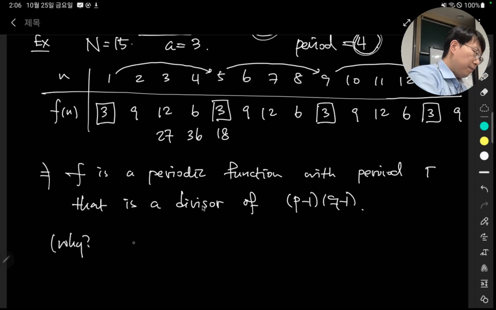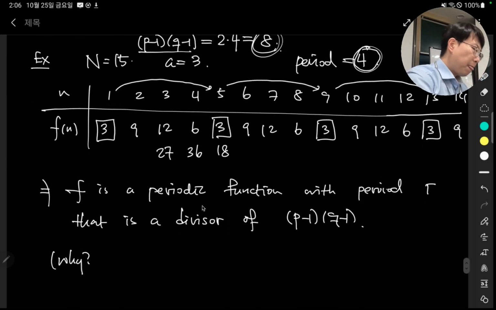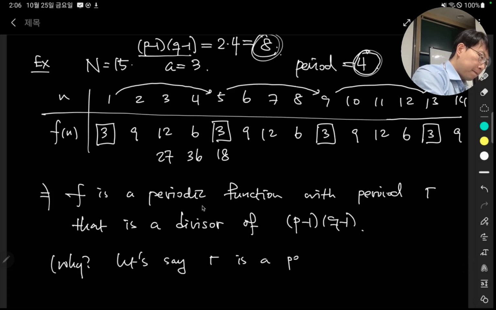Because let's say r is really a period. I think I should try using another symbol here, so maybe x instead of r. So x is a variable here. Let's say r is a period of the function f of x given by a to the x modulo n.